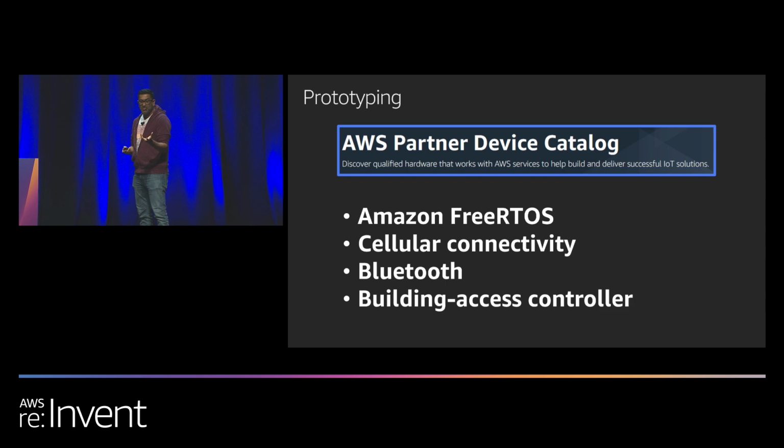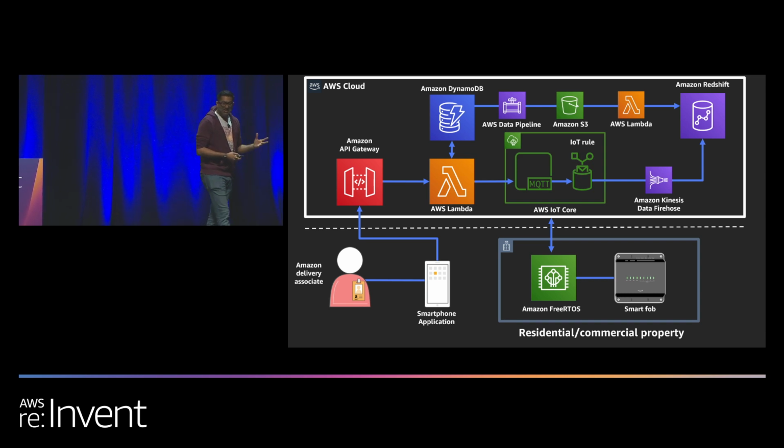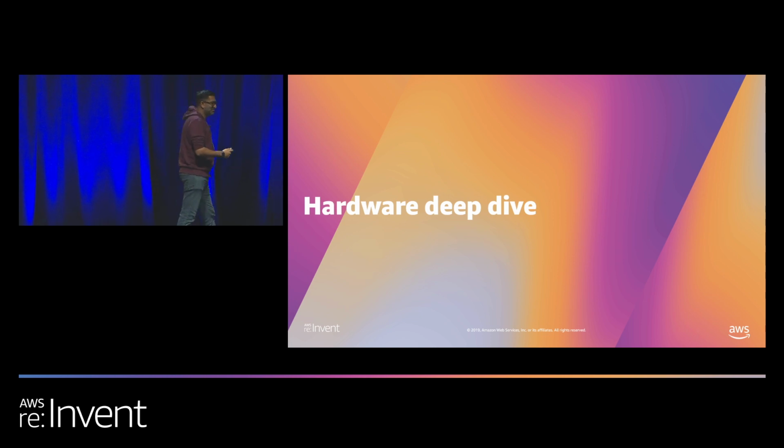That's what they went about doing, and they picked a device. And then they ended up with this kind of architecture. Now you can see there are quite a few components here. As this is the preview, I'd like to ask Taro to come up, and he's going to deep dive into the hardware, and then you'll learn a bit more.